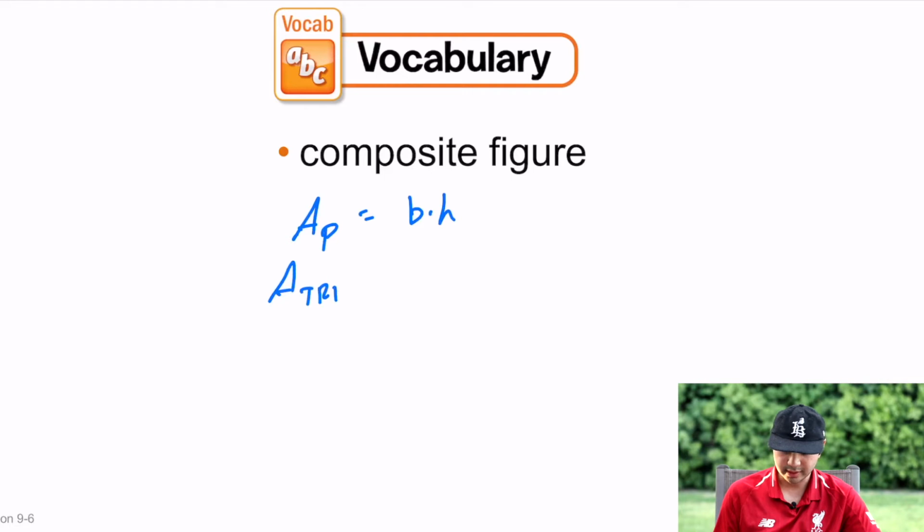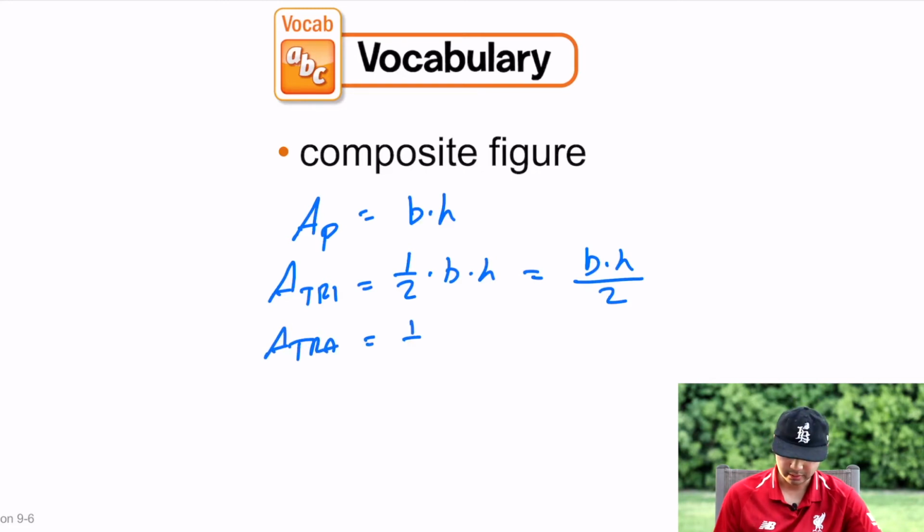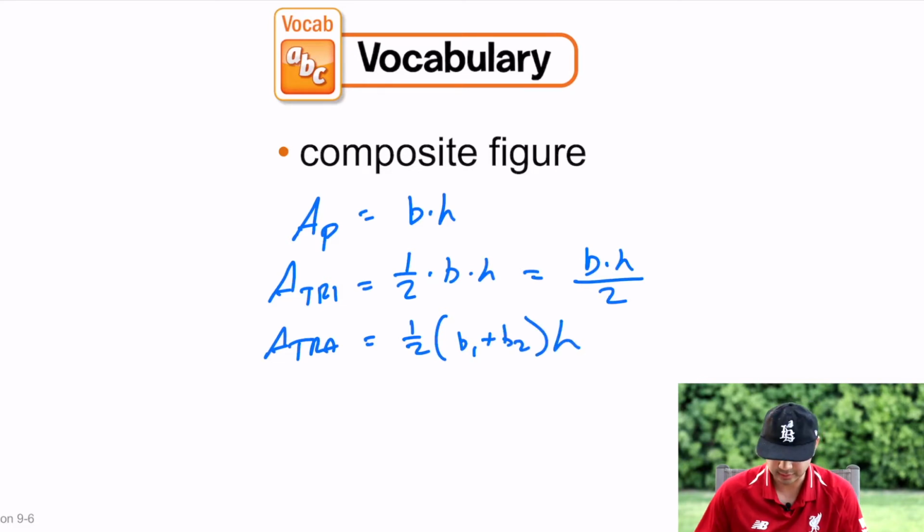The area of a triangle is 1/2 of that, so 1/2 base times height, or base times height divided by 2. And the area of a trapezoid is 1/2 base 1 plus base 2 times the height. All very similar, all derived from the area of a parallelogram.